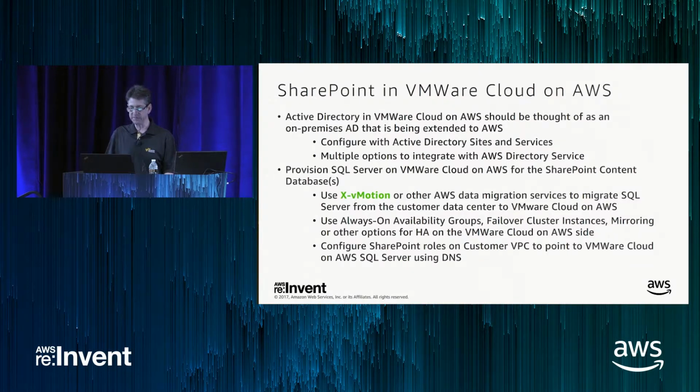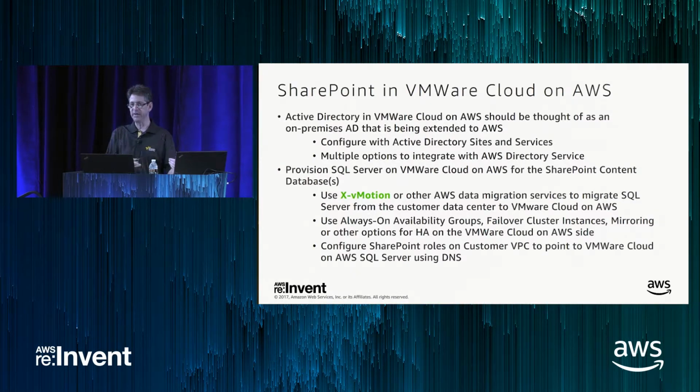You actually have multiple options for integrating with AWS Directory Service. There are other talks here at re:Invent that go into the details. In my case, I have extended Active Directory from VMware Cloud directly to the AWS Directory Service, but you can also take advantage of trust relationships, one-way trust relationships, two-way trust relationships.